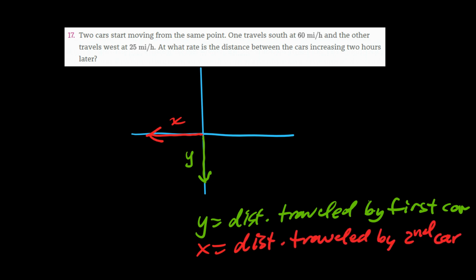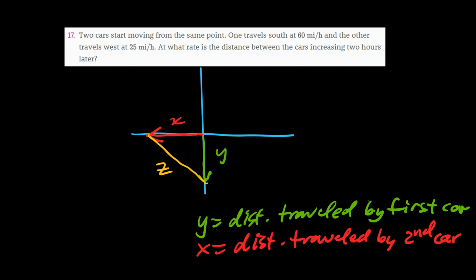At what rate is the distance between the cars increasing 2 hours later? The distance between them, I'm going to call that z. I could use d, but I'm going to take a derivative and the d's are going to conflict.